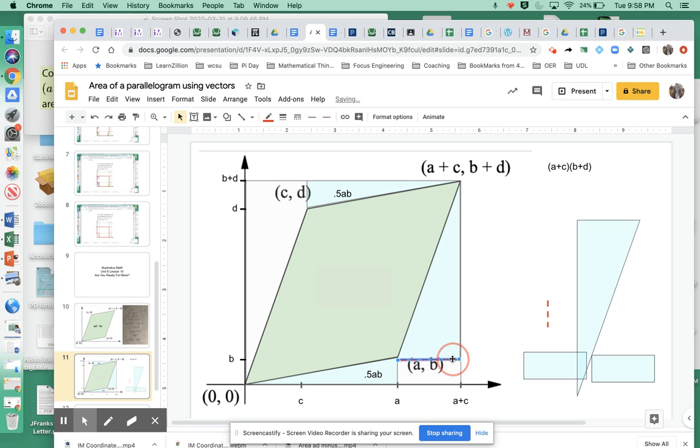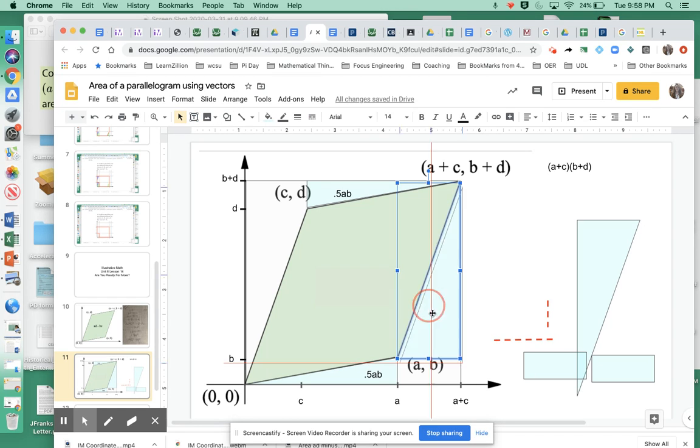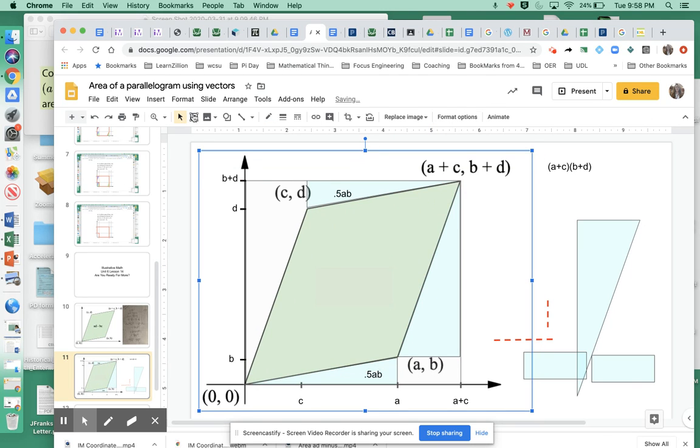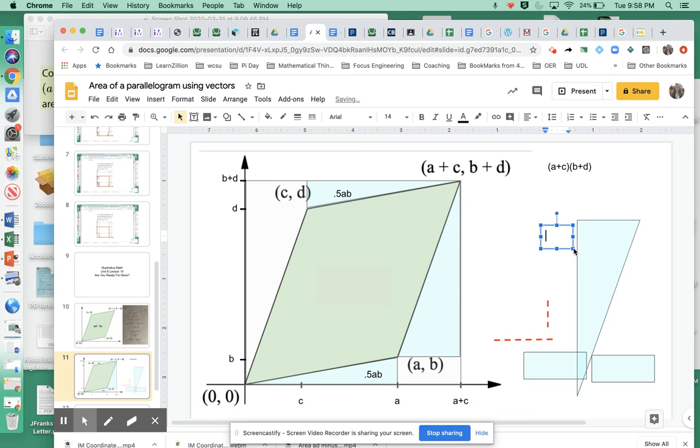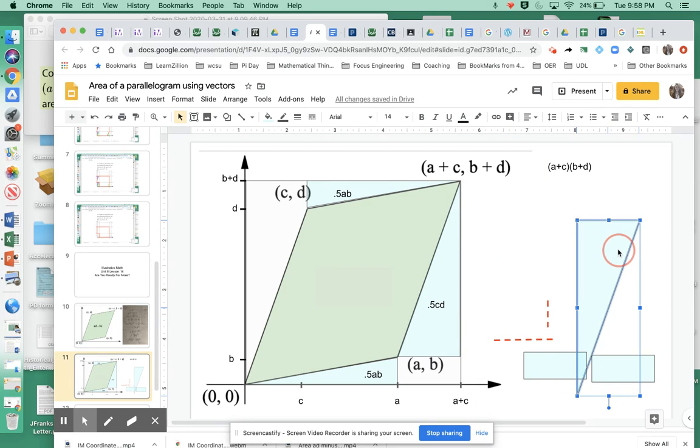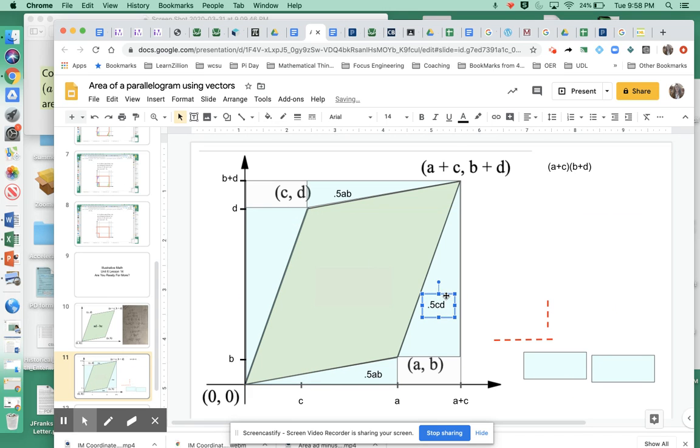So I know that this triangle has an area of 1/2 C times D. So I'm going to write that in as well, 0.5 CD. All right. And again, we have the same triangle, just rotated over on this side. That is also equal to 1/2 CD.